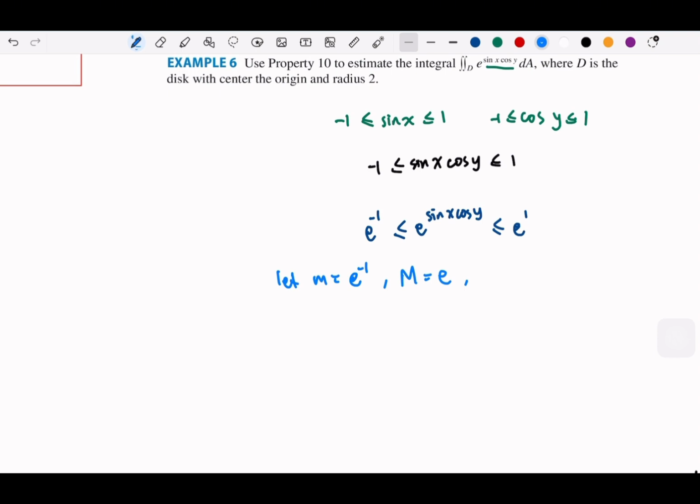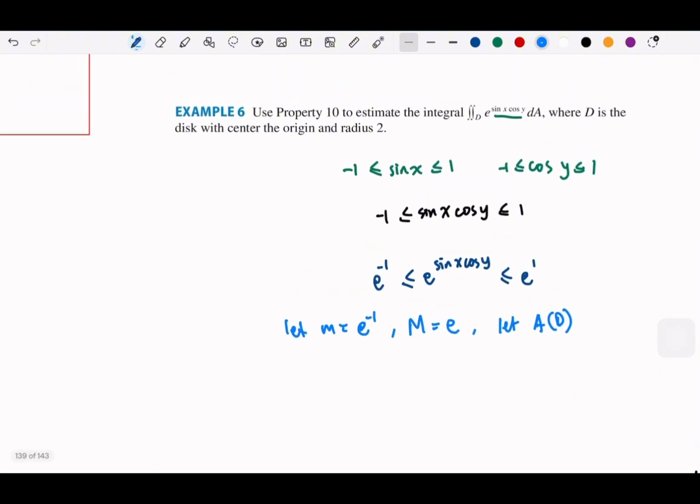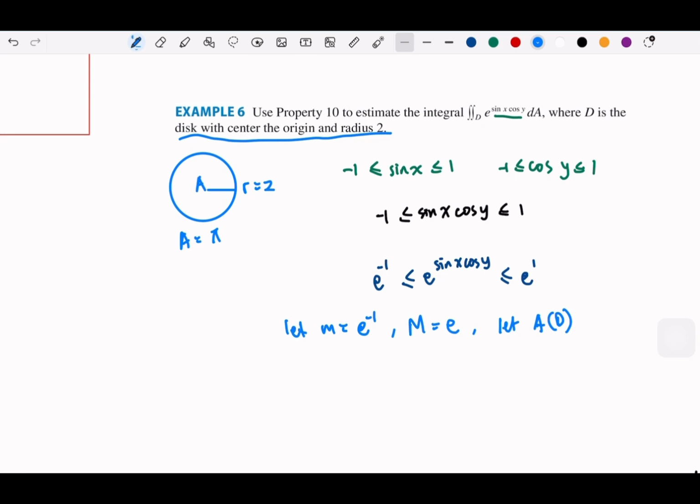And using the property, let D be a disk with a center, basically a circle with radius 2. So this will be the area, and the radius r is 2. So the area is pi r squared, so 4 pi units. I can write here, this area will be 4 pi.